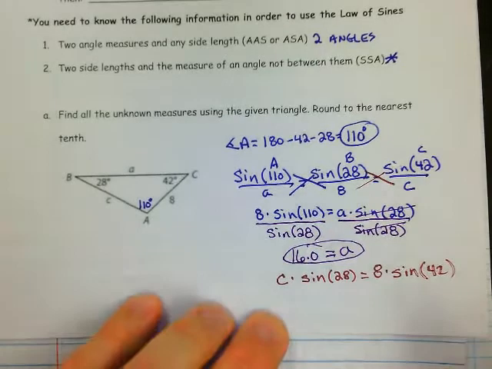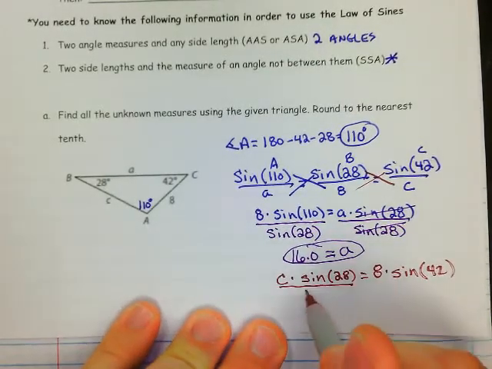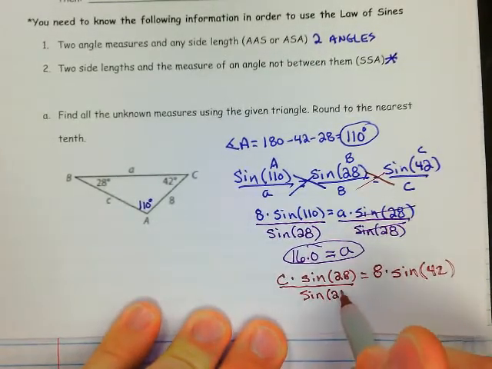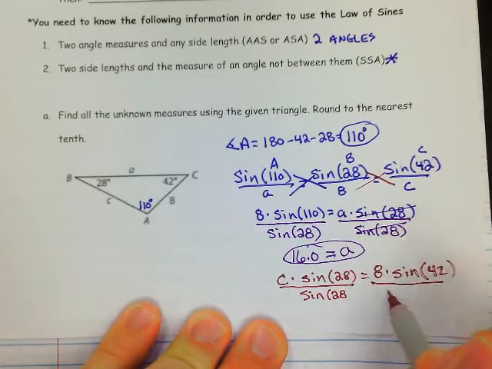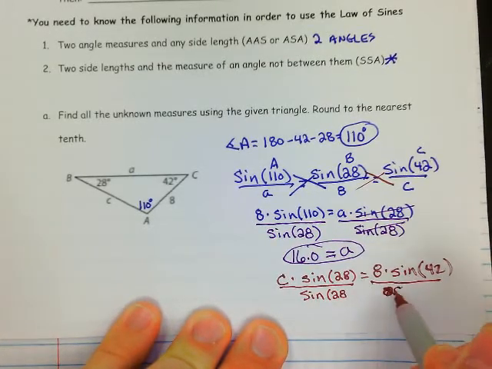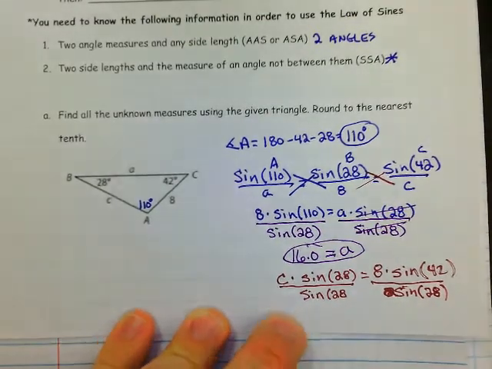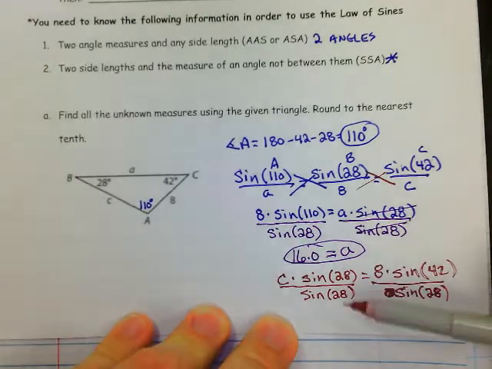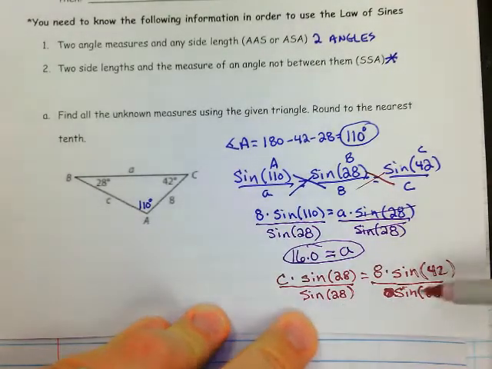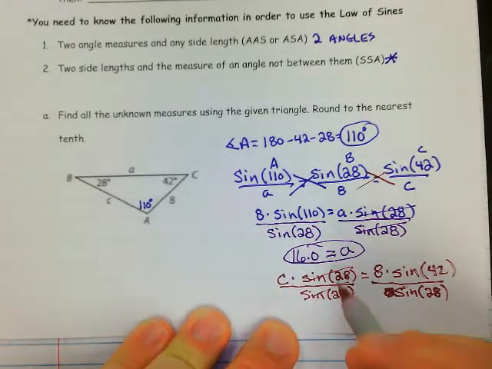Just like before, we're going to divide both sides by the sine of 28. The sine of 28 over the sine of 28 cancels and gives me 1.